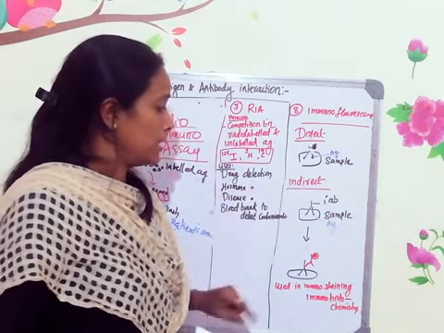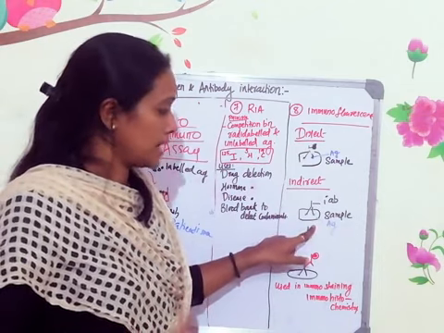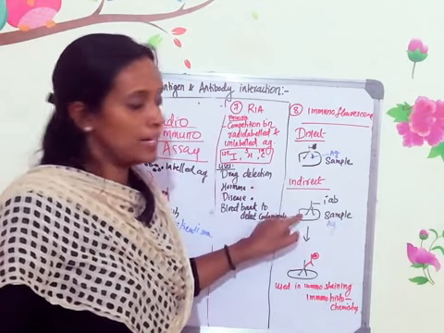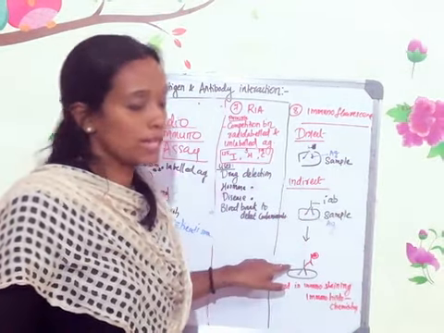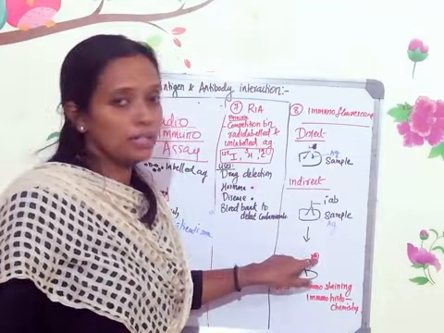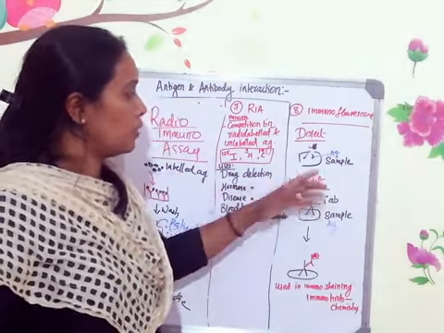In the indirect method, what we are using is, into the tissue sample on the slide, first you need to add a primary antibody which is very specific for the antigen. That is followed by the addition of a secondary antibody which has a fluorescent tag. Either method, direct or indirect, can be used.